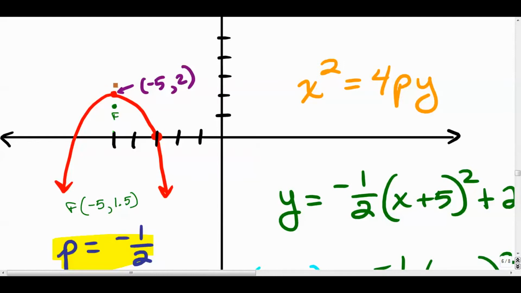So your directrix is going to be a horizontal line right here, and this is our directrix, y equals 2 plus 1/2. So y equals 2 and a half. We'll just call that 5 over 2. It's 2.5. So there you go. That answers the question.